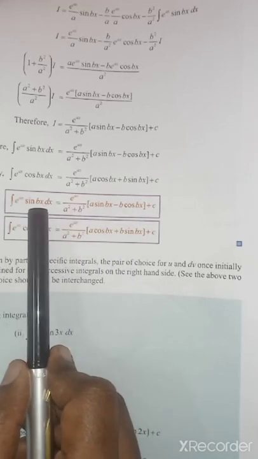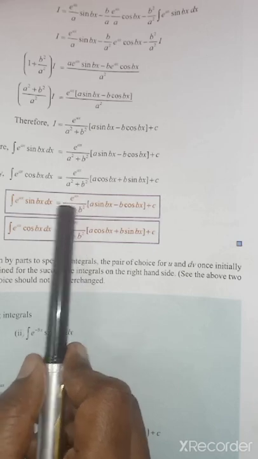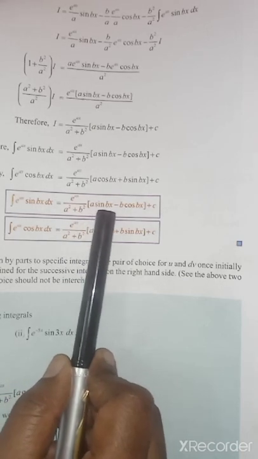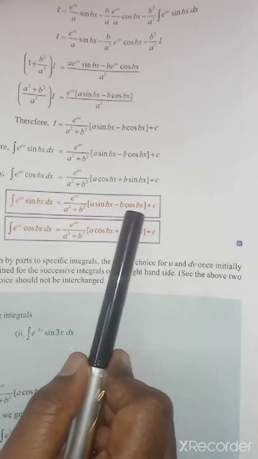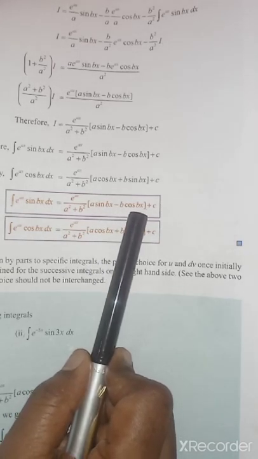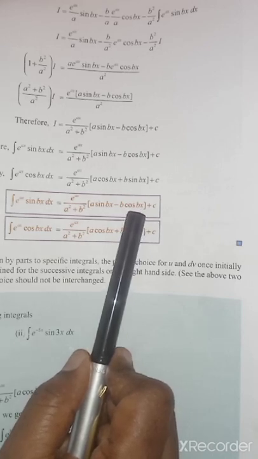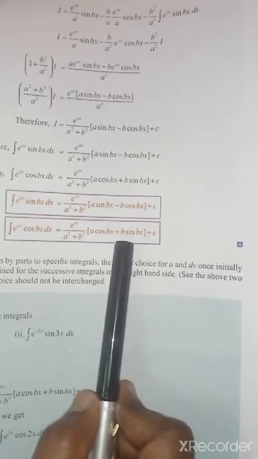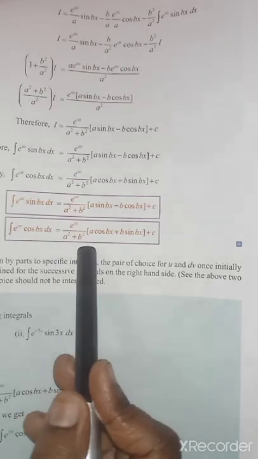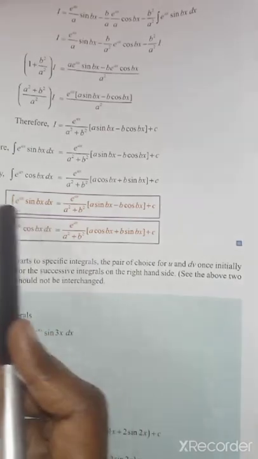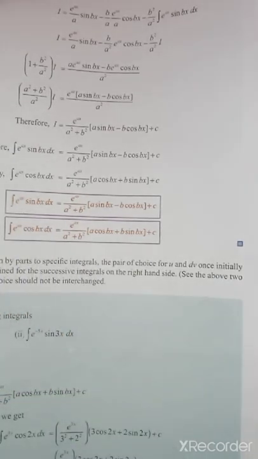Integral e power ax sin bx dx equals e power ax by a square plus b square into a sin bx minus b cos bx plus c is the final answer. So no need to integrate directly, we can use this formula. You have to go through these two formulas thoroughly. Take it in your classwork now. The next subdivision heading is integral of the form these two things, and take down the formula.